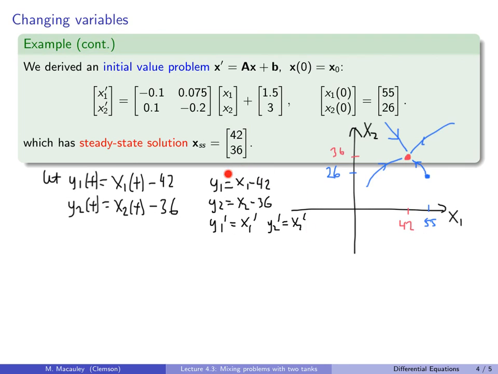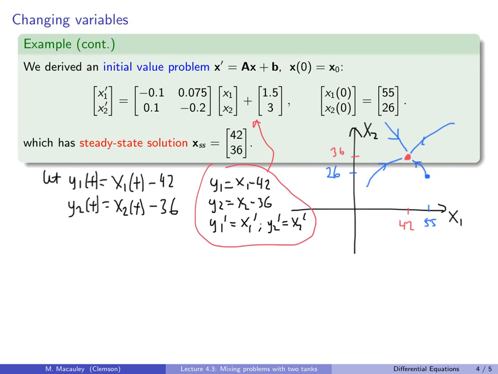Okay, so let's plug this back into our system. I'll put a semicolon here so you can tell them apart. Let's plug this guy back into our system and see what we get. So I'm going to circle this and say let's plug this back in.